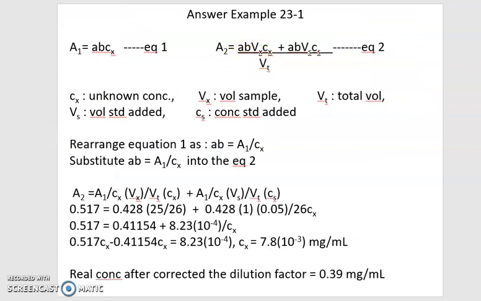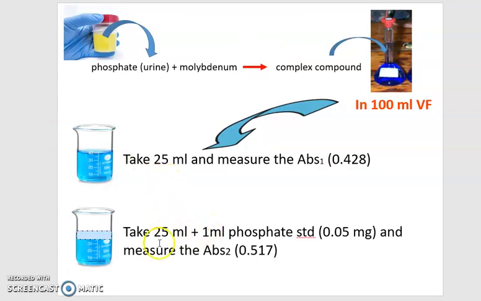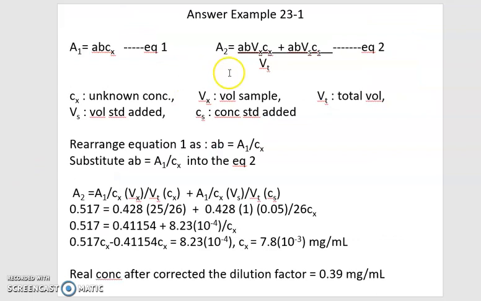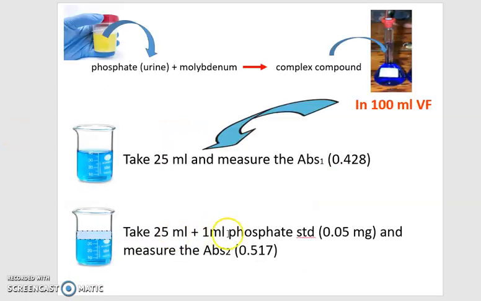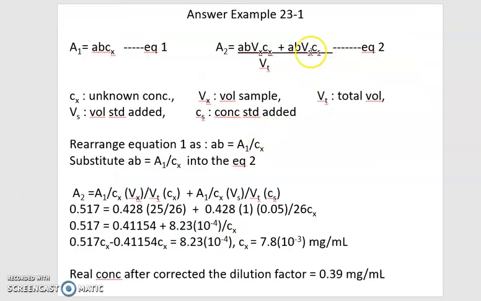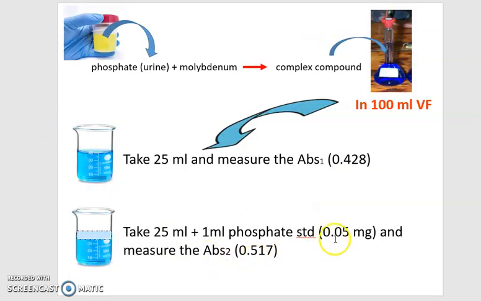The total volume is 25 plus 1, which is 26. Cx, we don't know, which is what we want to find out. Vs refers to the volume of standard added, which in this case is 1 ml. And the concentration of phosphate standard added is 0.05 milligram per ml.